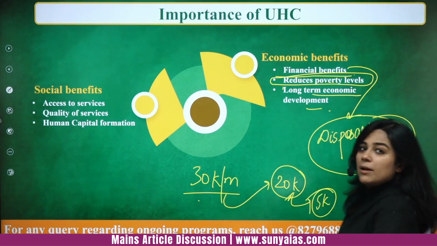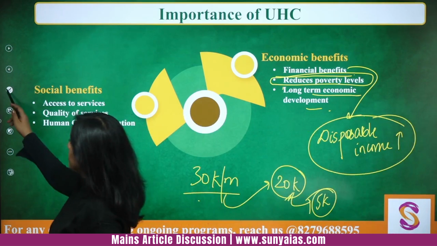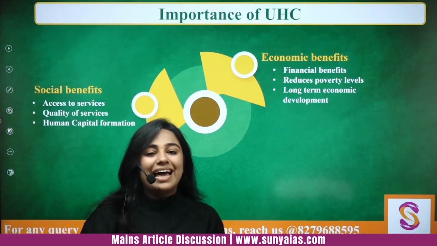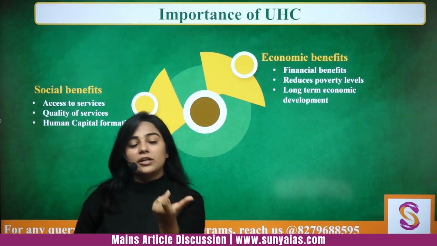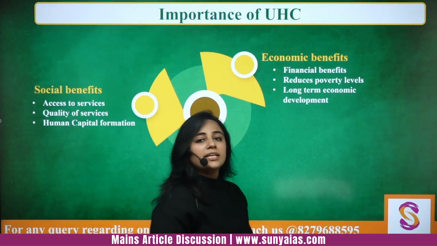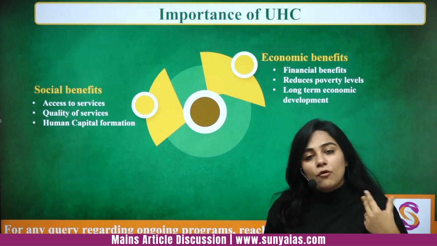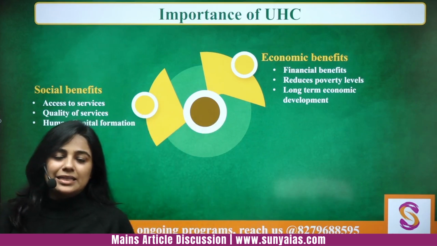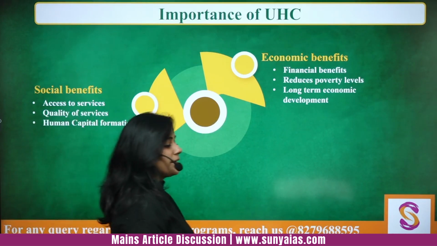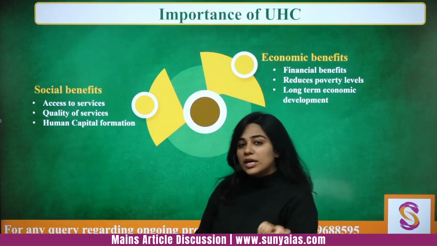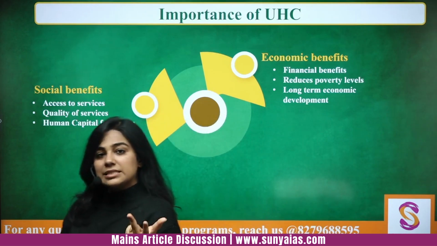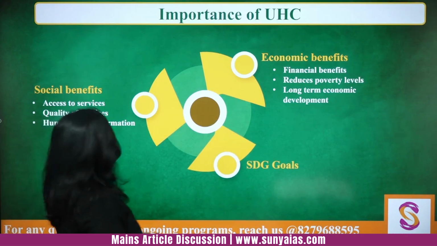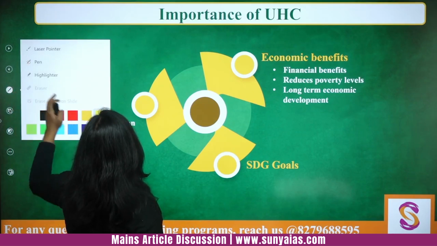Long term economic development, as I just told you, that people will not leave India for the fear of lack of a good lifestyle, and effective health facilities, efficient health facilities, and affordable health facilities are a very important part of standard of living. That's why whenever standard of living is estimated anywhere, health, education, and income levels, these things are taken primarily, right?